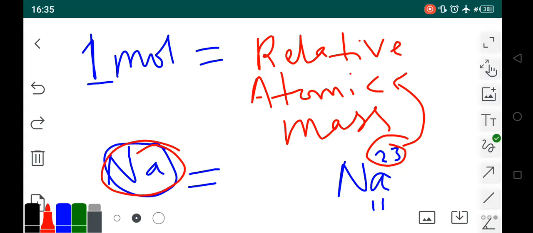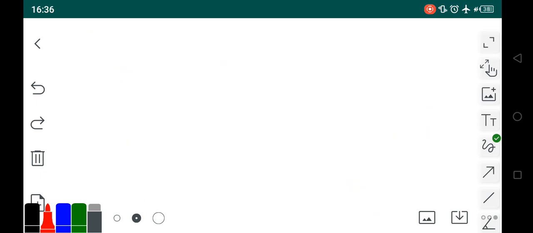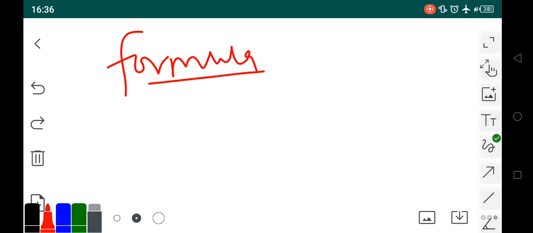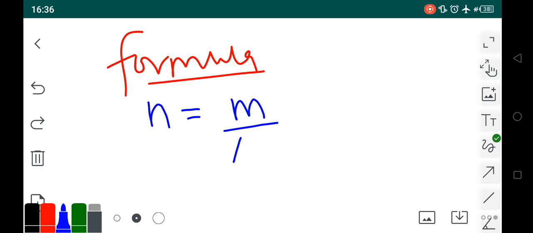From there, we are simply saying that 1 mole of anything is equal to its relative molecular mass. So therefore, the formula that you can use is N equals M divided by relative atomic mass.